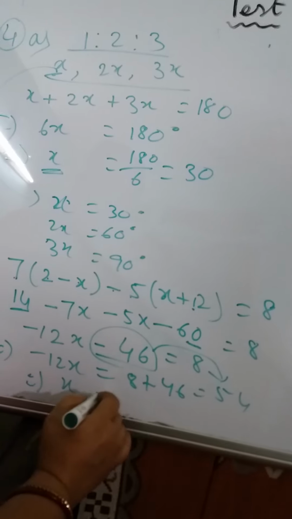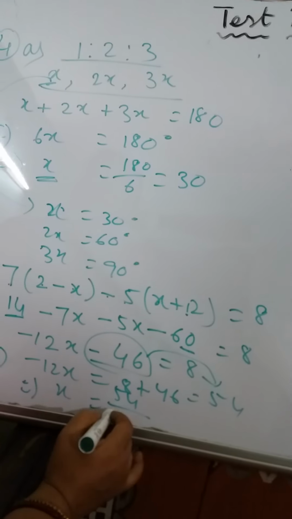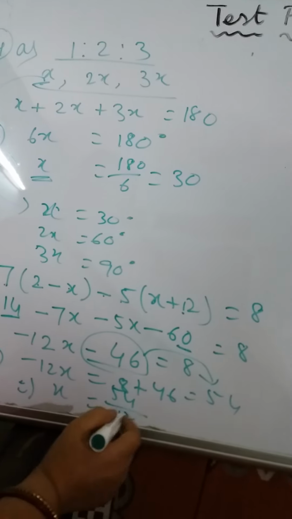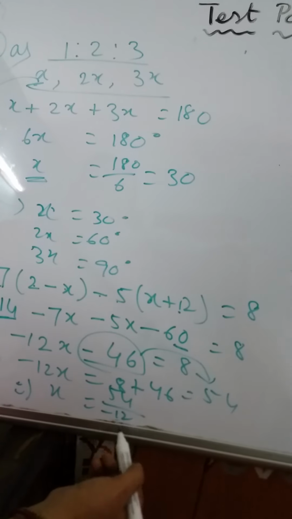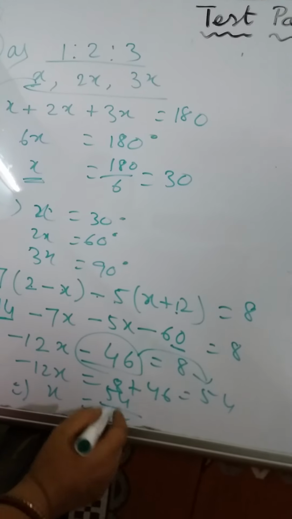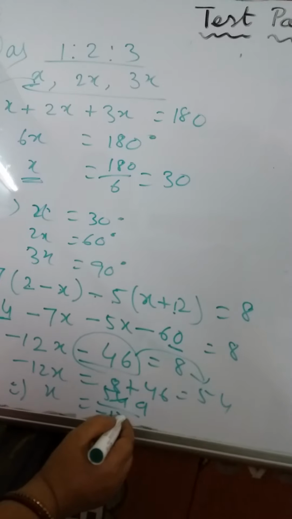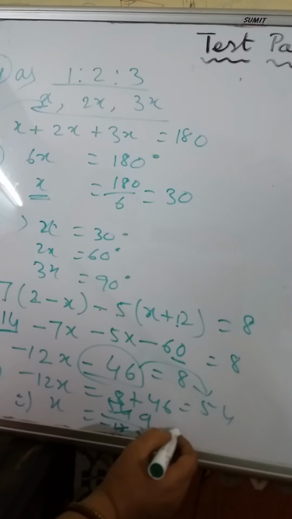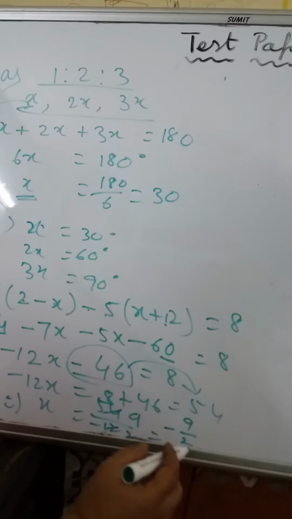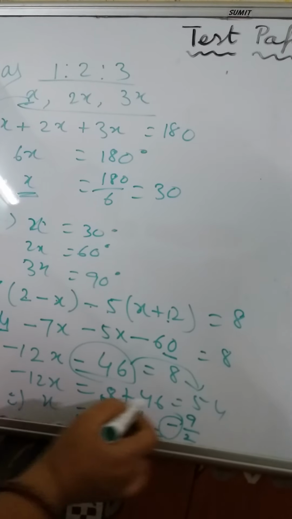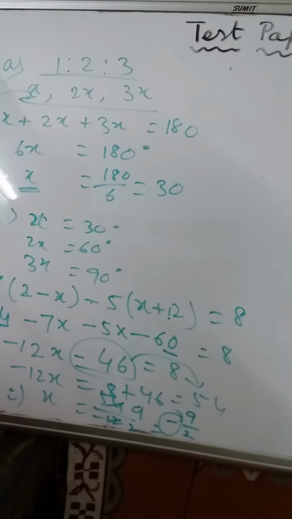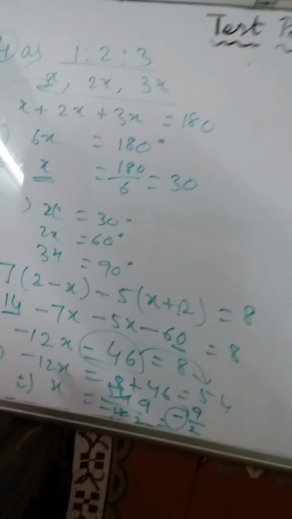So x equals 54 divided by minus 12. If I divide both numerator and denominator by 6, 6 nines are 54 and 6 twos are 12. So your answer will be minus 9 by 2. Some of you have forgotten this negative sign.